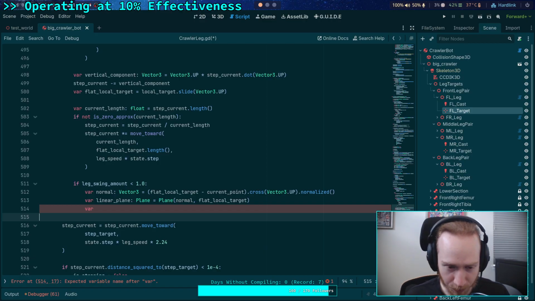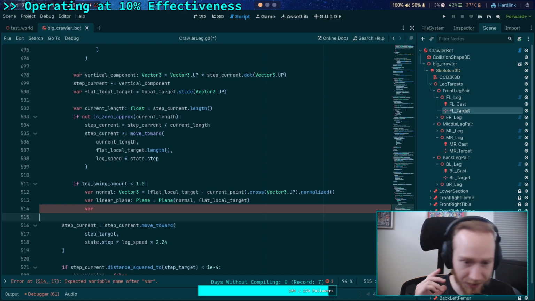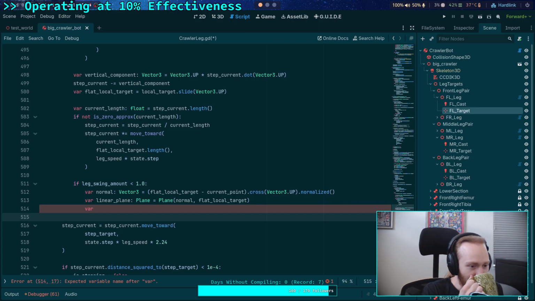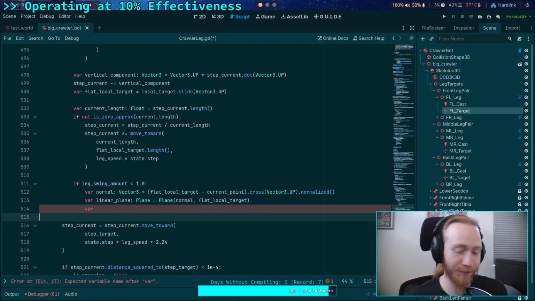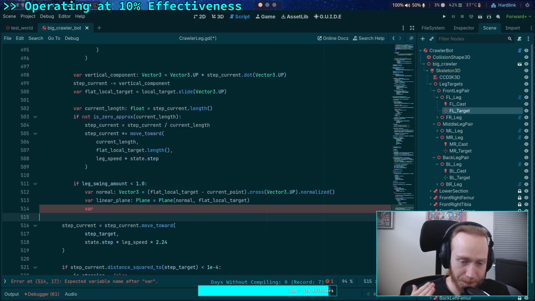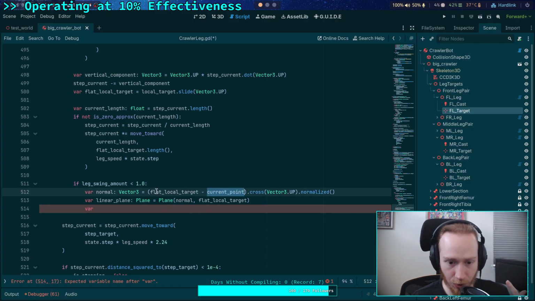I'm interpolating from step current. Oh, my voice is going. Okay. From step current to this plane, the point on this plane, which is created by this.